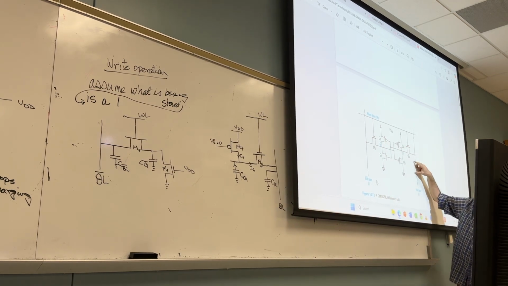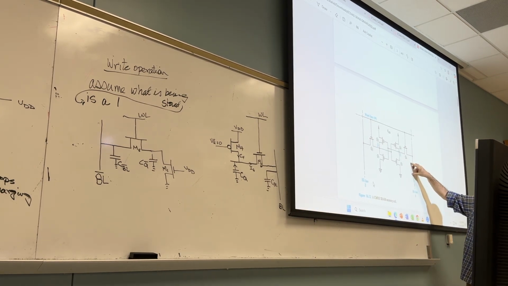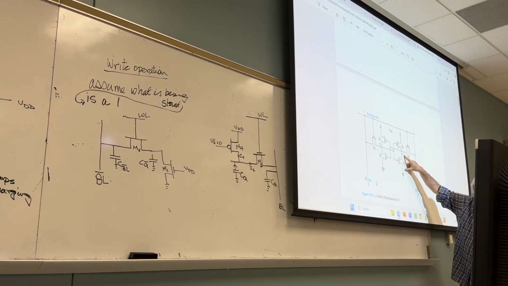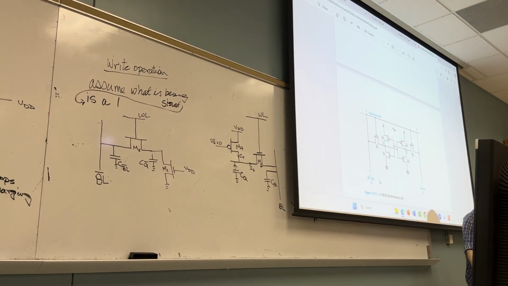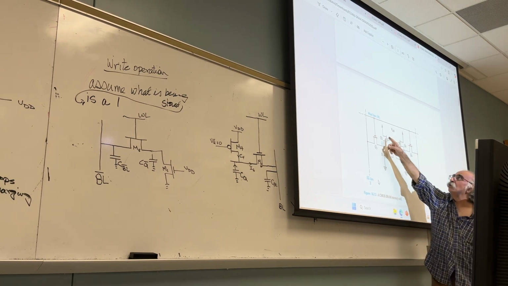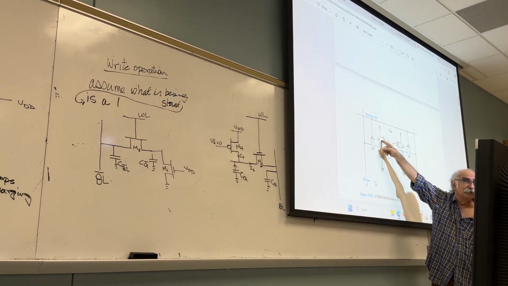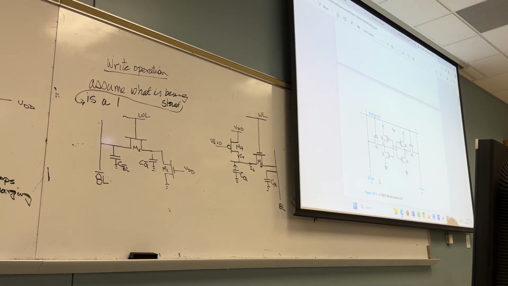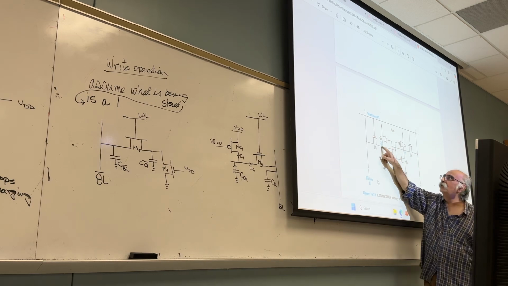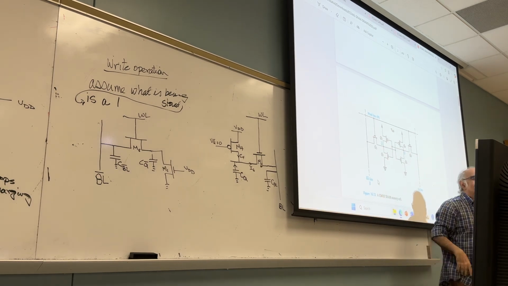Did I say to charge? I'm sorry, I meant discharge. Remember, initially it was VDD. I wanted to discharge all the way to the absolute value of VTP, this one, such that this one turns on. Did you get it or not? And if this one turns on, the Q bar will switch.